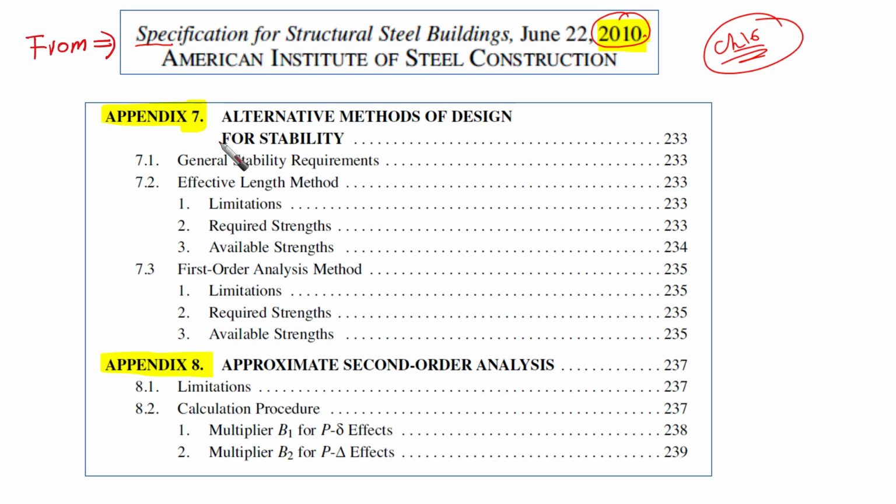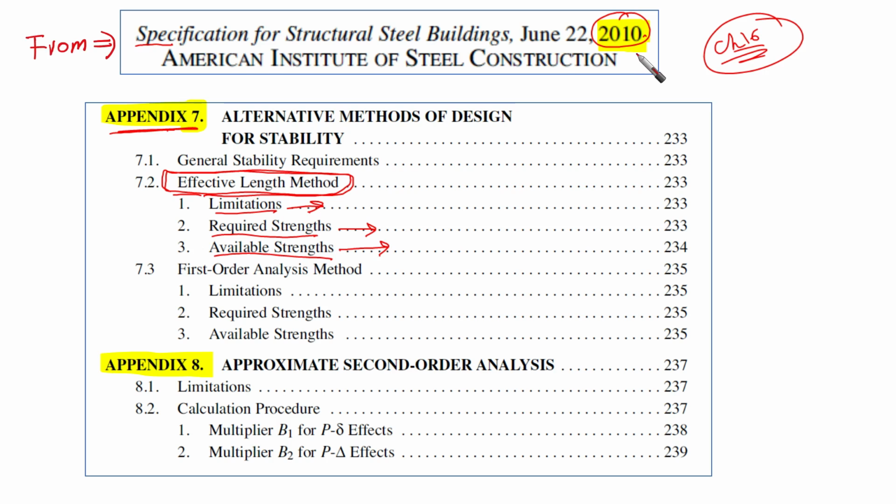Okay, you're going to find this is Appendix 7, and they are giving you the effective length method, as the name entitles. You have three different parts here: limitations, required strengths, available strengths. They are giving you the limitations that you should take into consideration, how to obtain the required strength, and how to obtain the available strength.